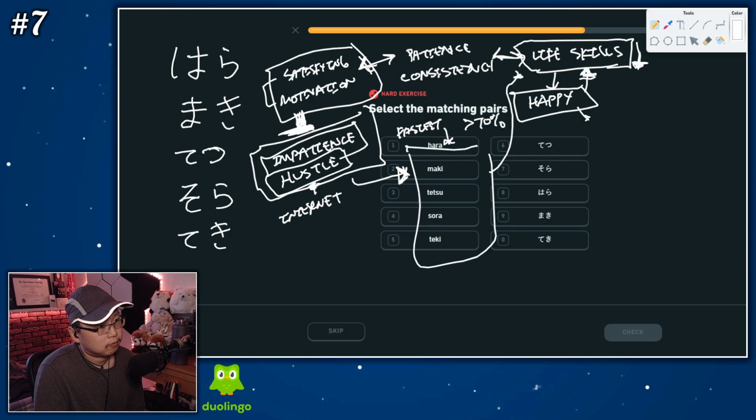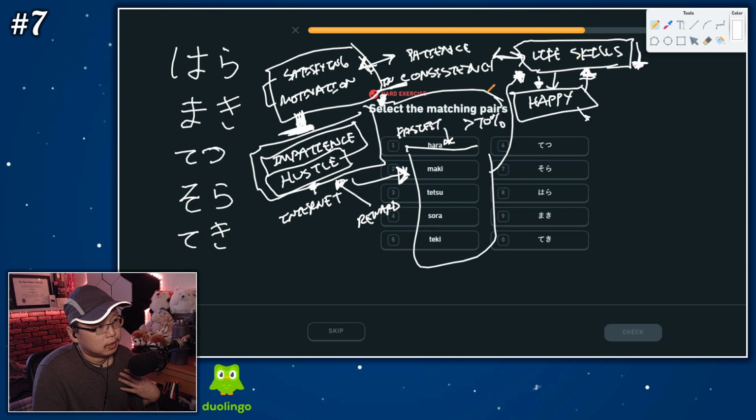They lack the life skills to remain happy. They usually brute force past motivation and satisfaction, past the inconsistencies, right? In order to learn something that the hustle will reward them with faster gratification. And to me, which is a subjective point of view, I think language and communication is a life skill.